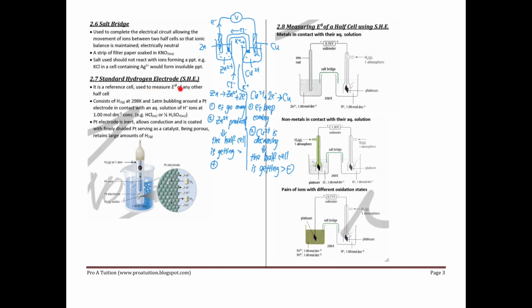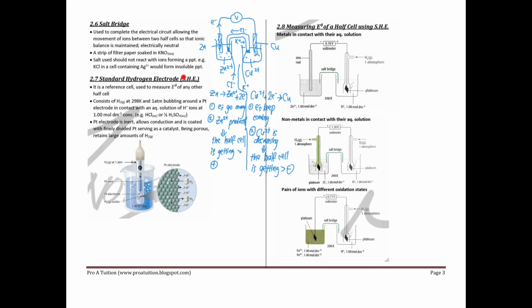So that's why we call it a reference cell, used to measure the E theta of any other half cell. You want to find the E theta of zinc, you connect zinc to SHE. You want to find the E theta for chlorine, you connect chlorine to SHE. You want to find the E theta for Fe3+ to Fe2+, then you connect to SHE.